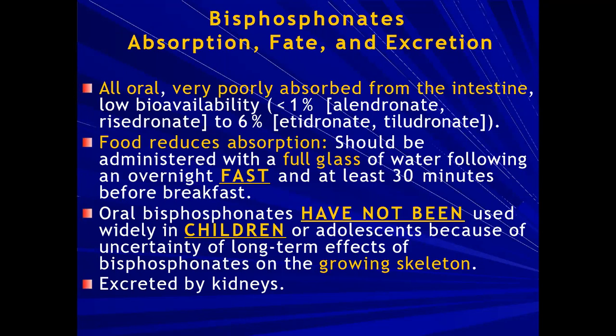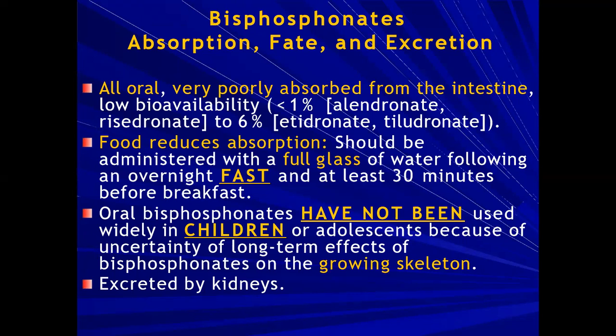Now bisphosphonate absorption, excretion and fate. All are very poorly absorbed from the intestines, with bioavailability of less than 1%, that is alendronate, and less than 6% for others. The ones which can have a little higher are tiludronate and risedronate.